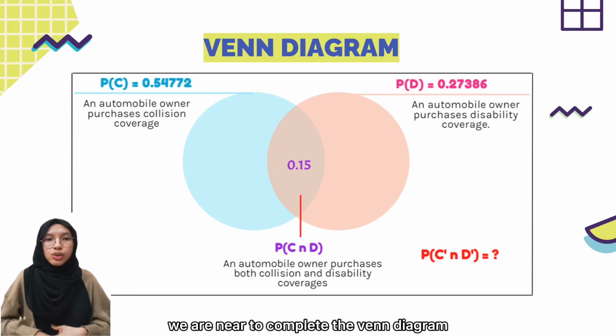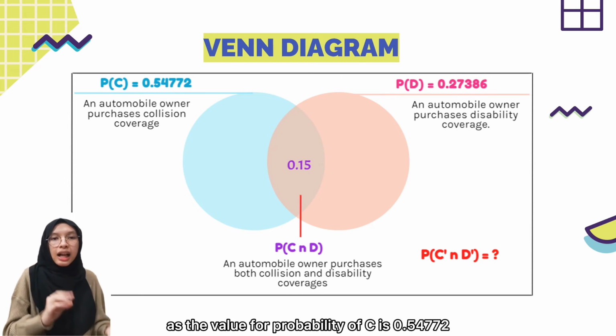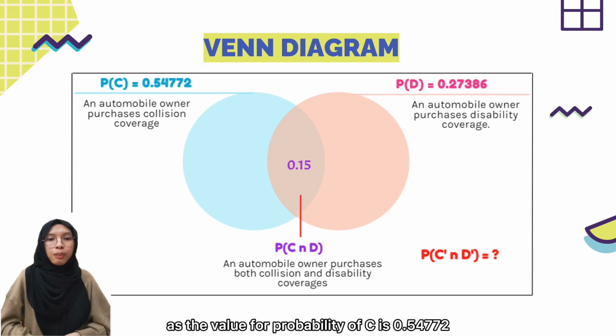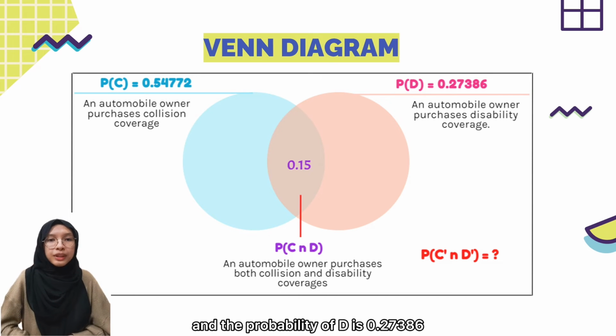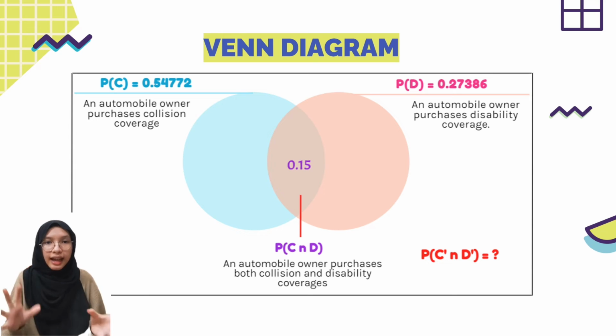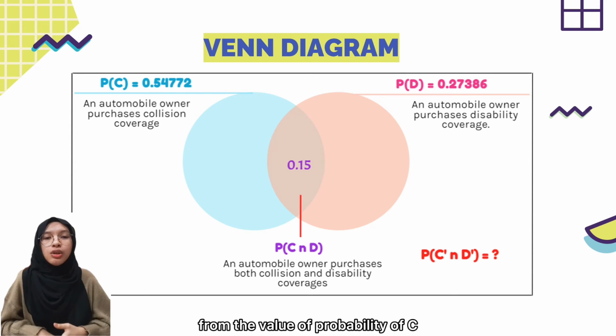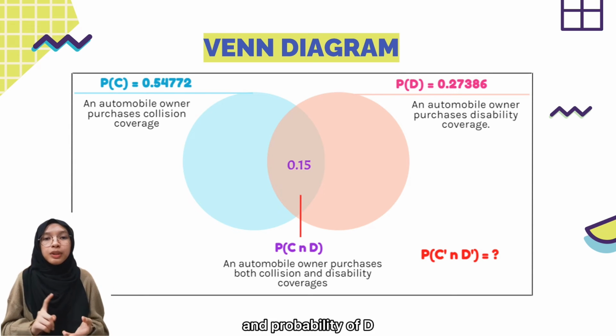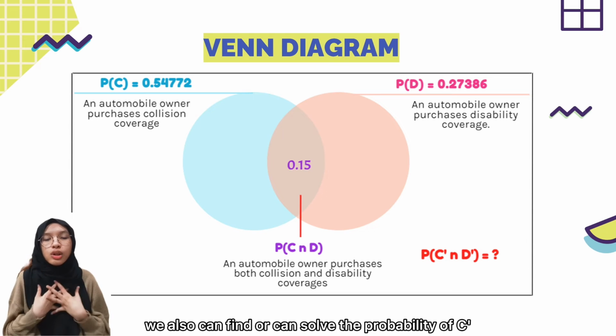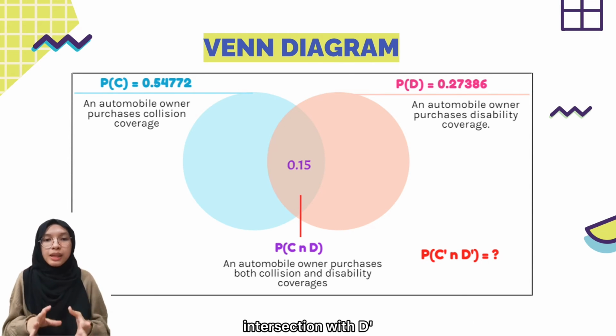So now let's look at the Venn diagram again. We are near to completing the Venn diagram as the value for probability of C is 0.54772 and the probability of D is 0.27386. From these values, we can solve the probability of C prime intersection D prime.